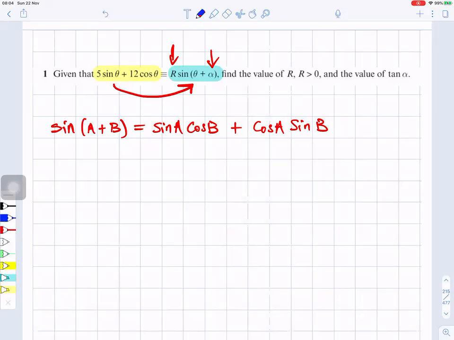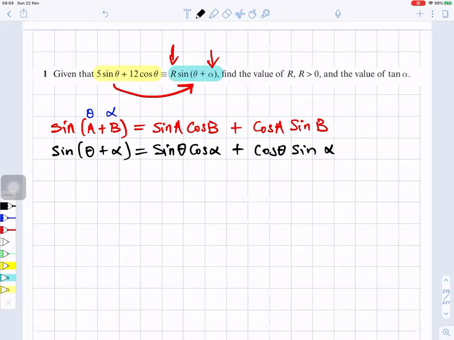This formula you get from the formula book. So you change A to theta and B to alpha, and you will write it as sine theta plus alpha is sine theta cos alpha plus cos theta sine alpha.